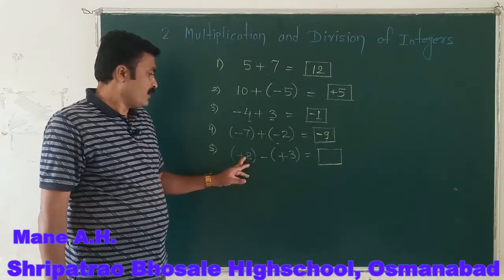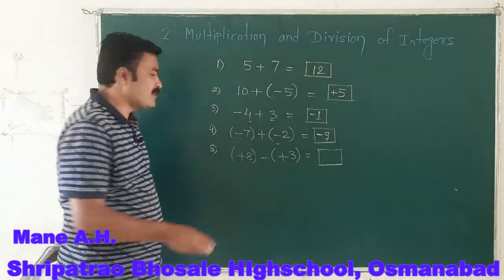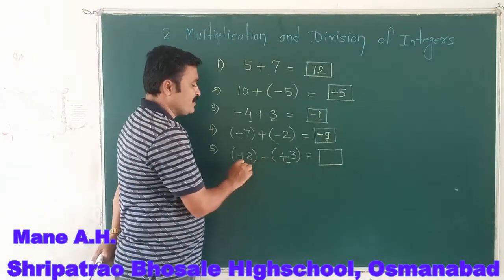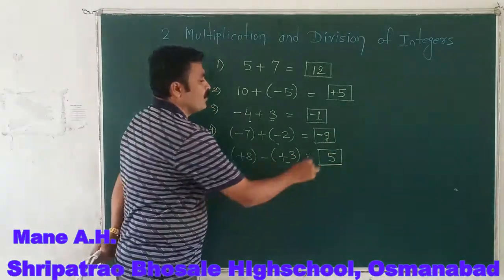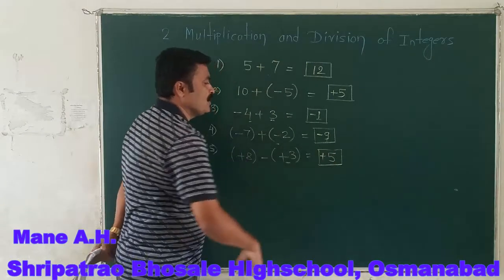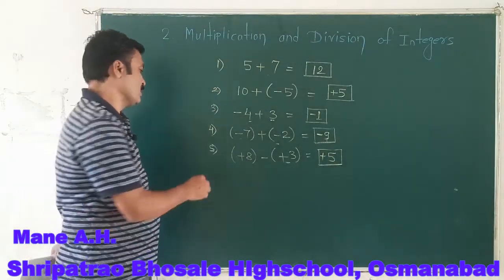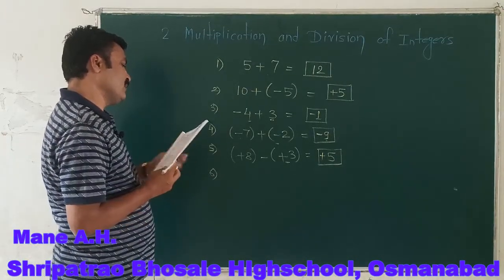Now 8 minus 3, this is the simple meaning. This is our regular subtraction because we subtract the smaller integer from the bigger integer. So the answer for this subtraction comes to +5. That's important here.